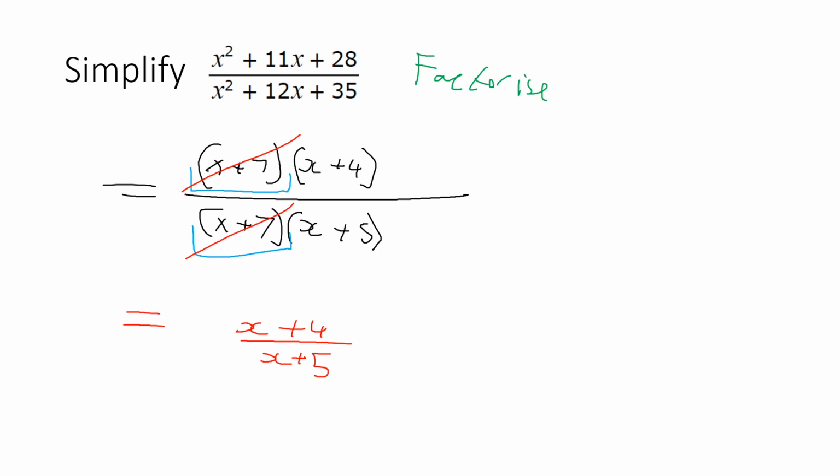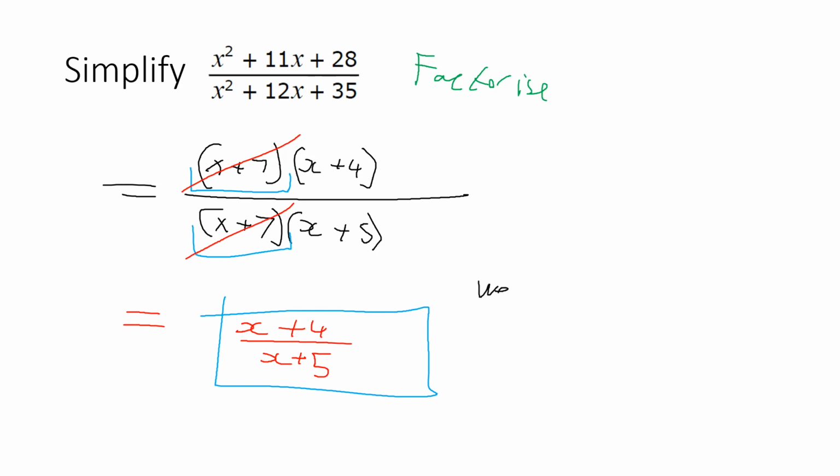Really important to note, I am going to leave my answer like this. I can't cancel these x's out, right? We're not doing that because they are being added, okay? I'll write this down bold and underlined.